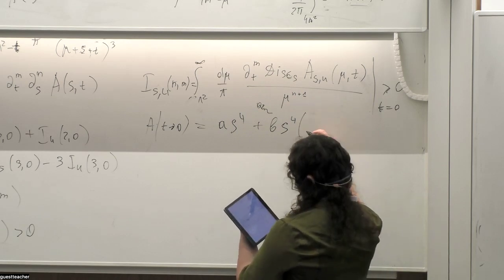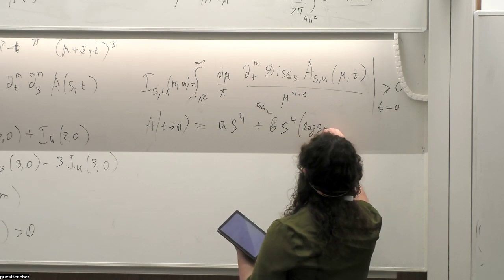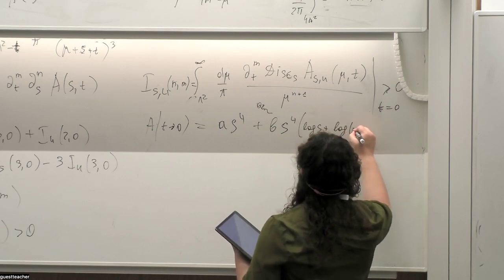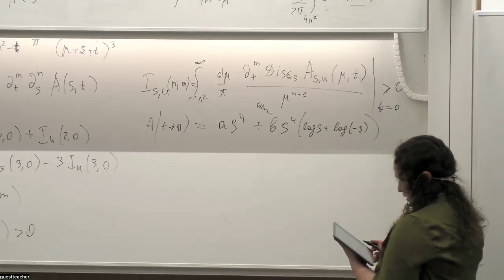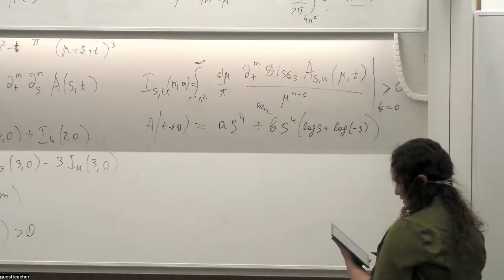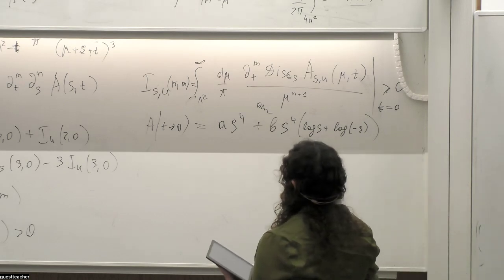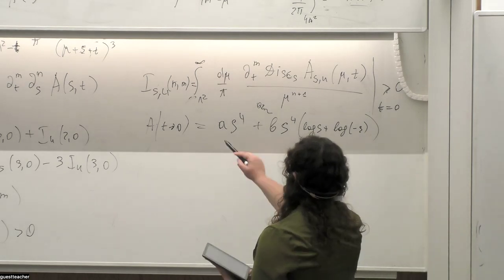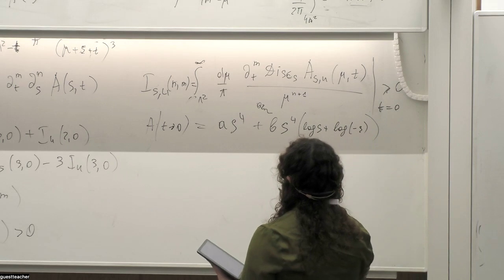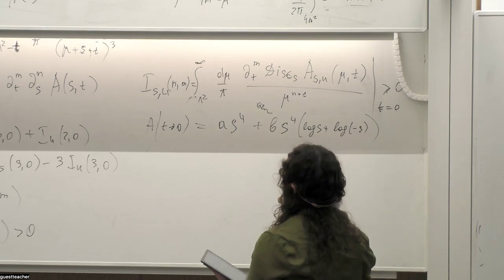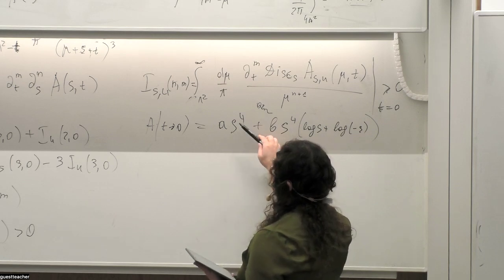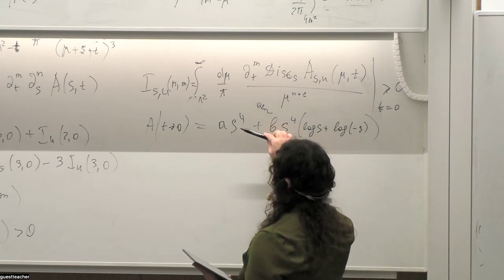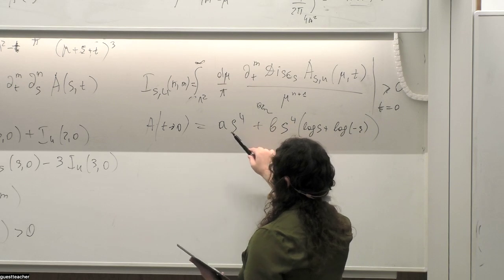And we have a combination log s plus log minus s. If I compute the arc integral of this function, for s to 4, it will pick just the coefficient a.